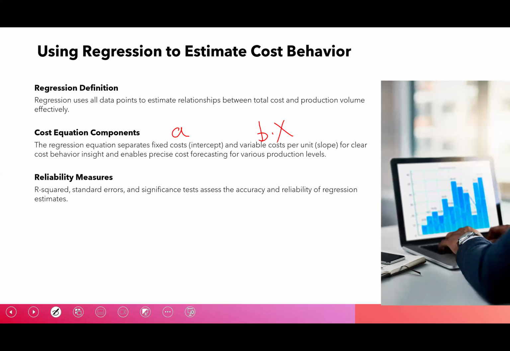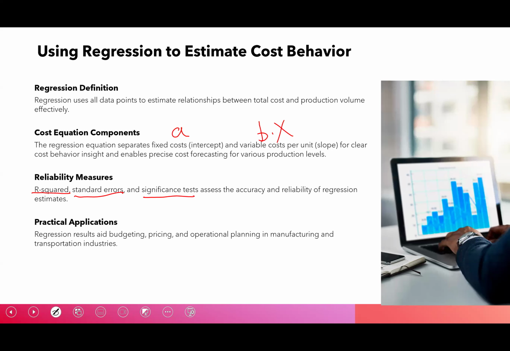Some of the things that you look at are R squared, which is basically the correlation between X and Y. We talk about residual or standard error, which is the difference between your estimate and your actual numbers. And the significance test is basically a robustness test. We call it the t-test also. All these things are trying to tell you how reliable and how robust your regression is.